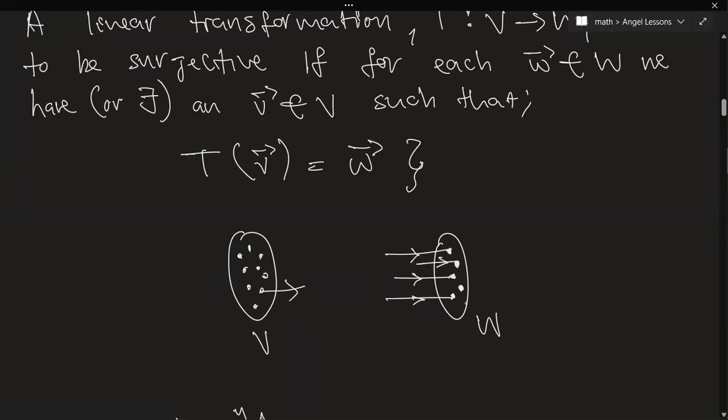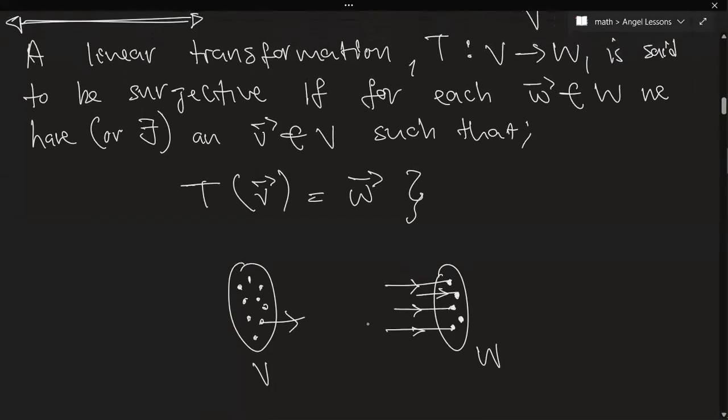But it is not always the case that each element in W is associated with an arrow. But if we have defined our linear map in such a way that elements that are here also, all of them are associated with arrows, then we say the map is surjective. Okay. Is that clear?